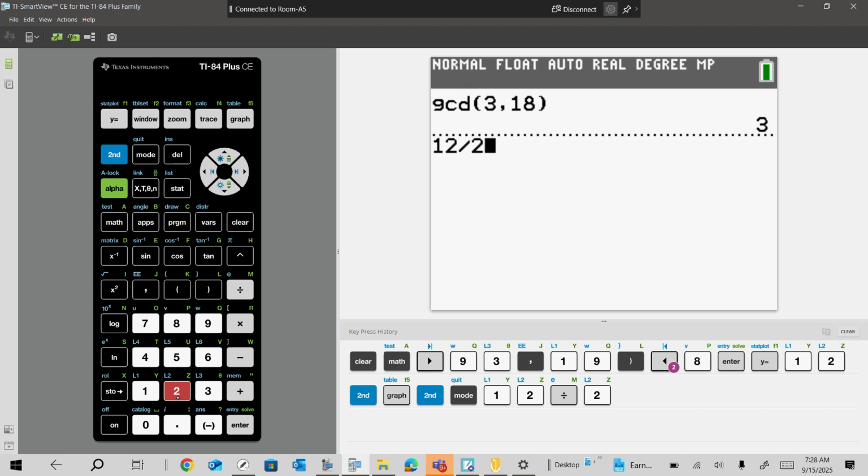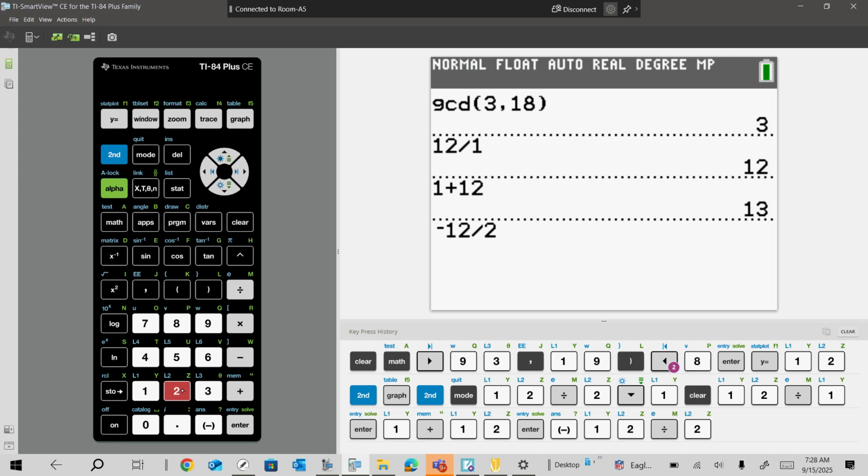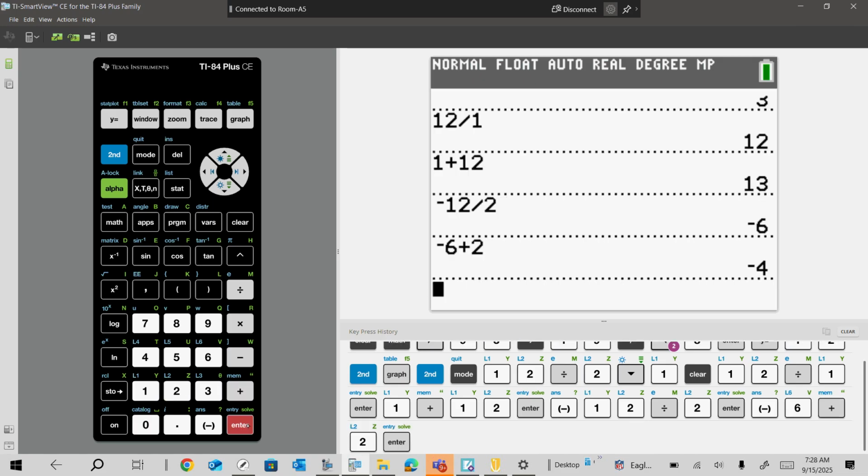You can start with 1, but if I divide by 1, that's just going to give me 12. And then 1 plus 12 is going to give me 13. Sorry, and we're doing a negative 12. So if I divide by 2, that gives me negative 6. And a negative 6 plus 2 gives me a negative 4. You have to maybe guess and check with each one of these.